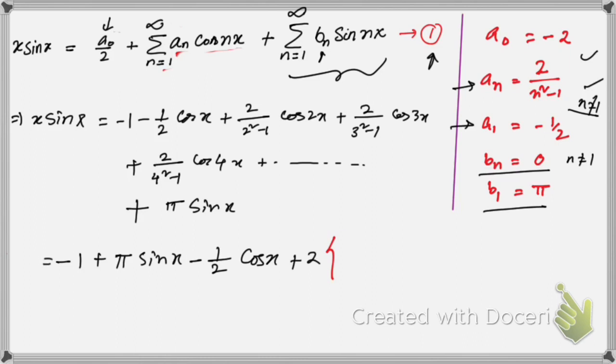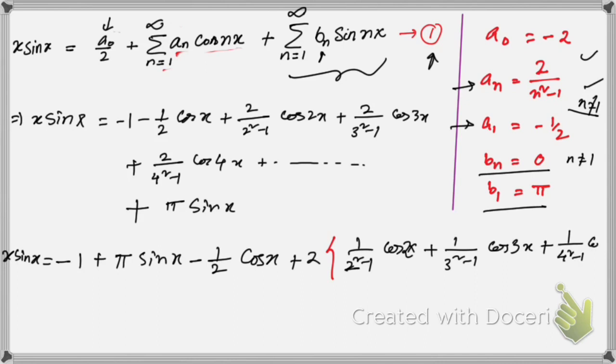So this is x sine x, that will be equal to, on taking 2 common, from here you will get 1 by 2 square minus 1 cos x plus 1 by 3 square minus 1 cos 2x, right? And 1 by 4 square minus 1 cos 4x, and plus so on. That's how it will be continued, right? So hope you have understood. This is our required result.